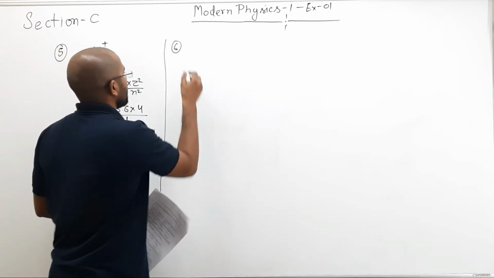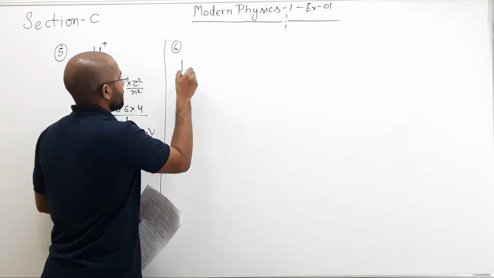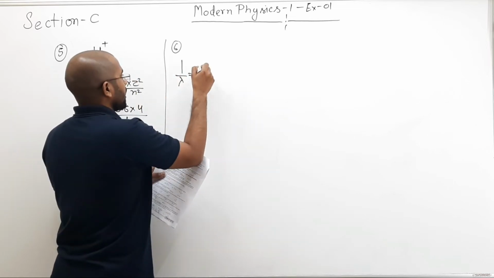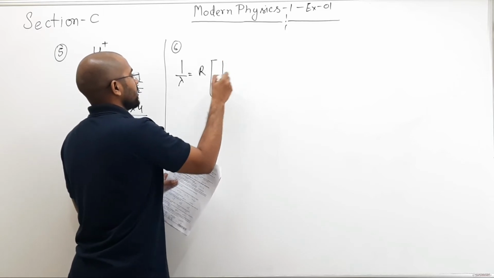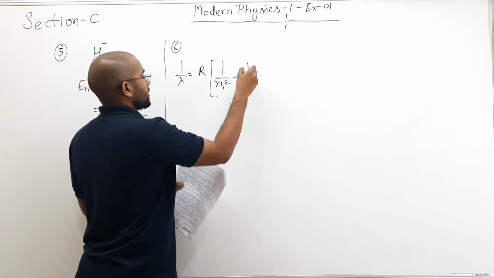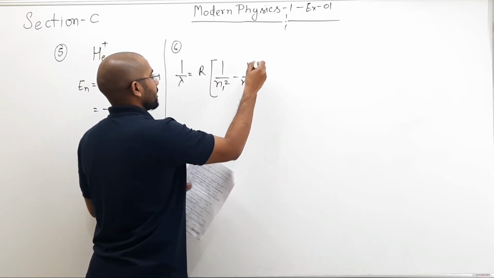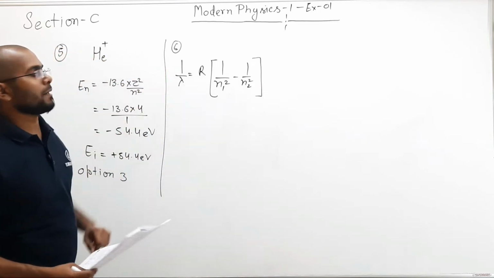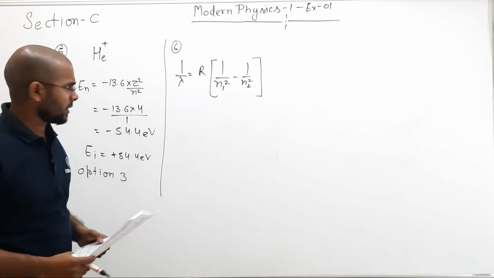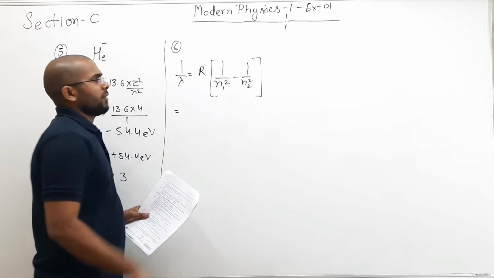So for a hydrogen atom I can write 1 by lambda equals R, which is the Rydberg constant, times 1 by n1 square minus 1 by n2 square. 1 by lambda is nothing but the wave number, so 1 by lambda I have to find out.